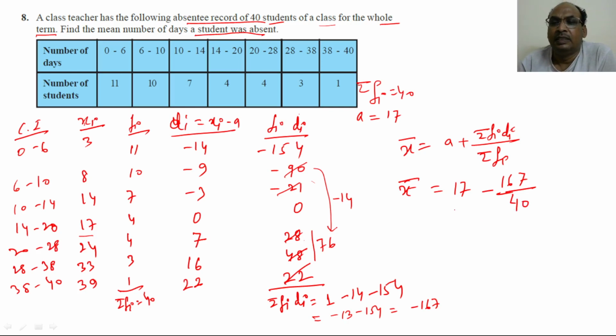So this is giving us 17 minus 4.1. So 17 minus 4 is 13, and minus 0.1 gives 12.9. So the mean number of days a student was absent is 12.9.